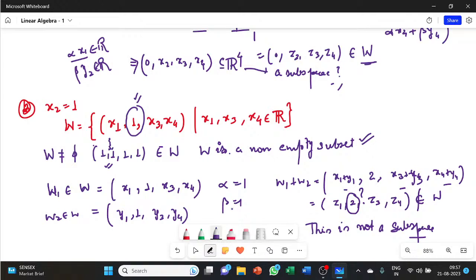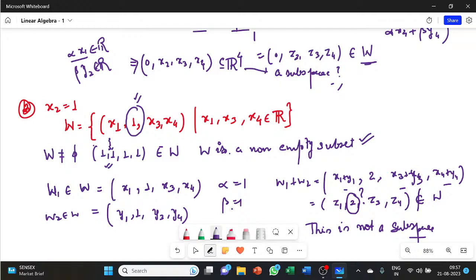Is that clear? So this is not a subspace. Why is it not a subspace? Because I have done w1 plus w2, taking alpha and beta equal to 1, because alpha and beta can belong to real R, so why not take alpha equal to 1 and beta equal to 1? If I take them, I would find that alpha w1 plus beta w2 does not belong to W. Clearly it negates the condition for being a subspace.